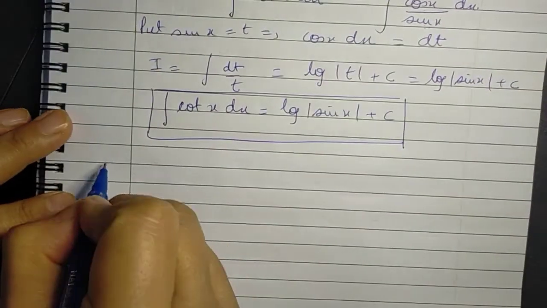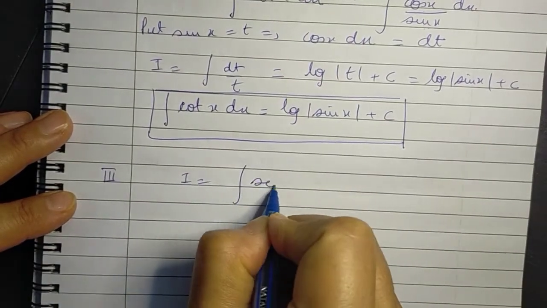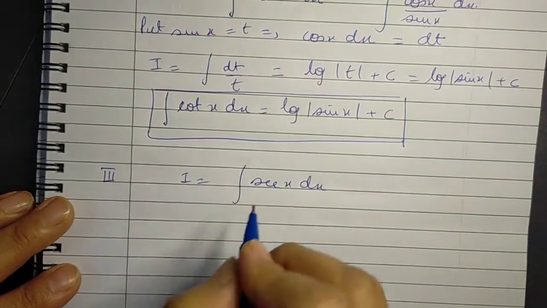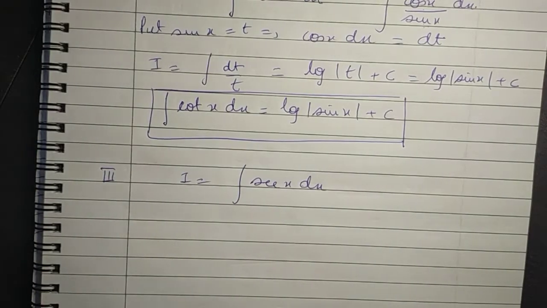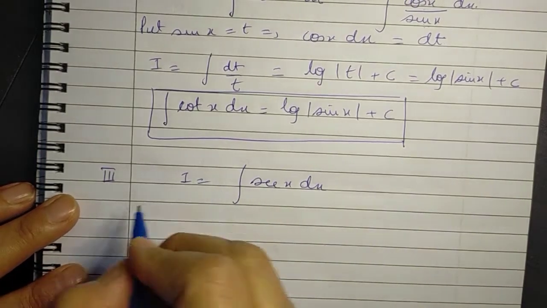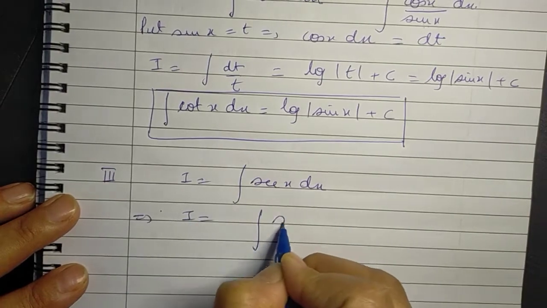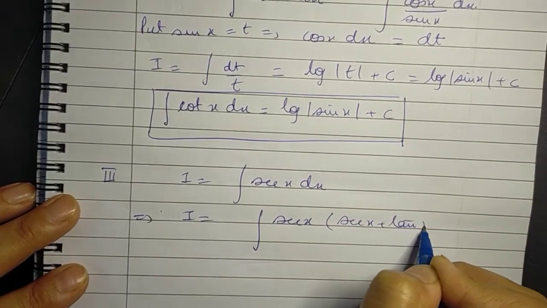Now let's come to the third result, which is the integral of sec x dx. Now in case of sec x, this has to be dealt with in a slightly different manner. So what we do is we multiply and divide by sec x plus tan x.